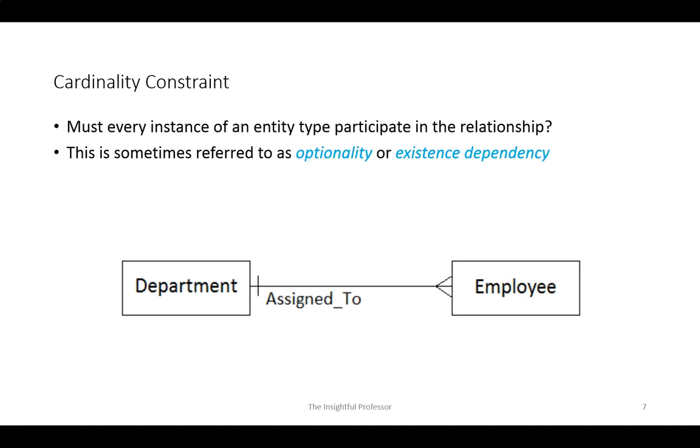The idea of a minimum cardinality raises another issue: whether every instance of an entity type must participate in the relationship. We have already provided some explanation of existence dependency. Let's now say that existence dependency describes whether an entity in a relationship is optional or mandatory. For example, the business rules of an application domain might dictate that an address must be associated with a person.